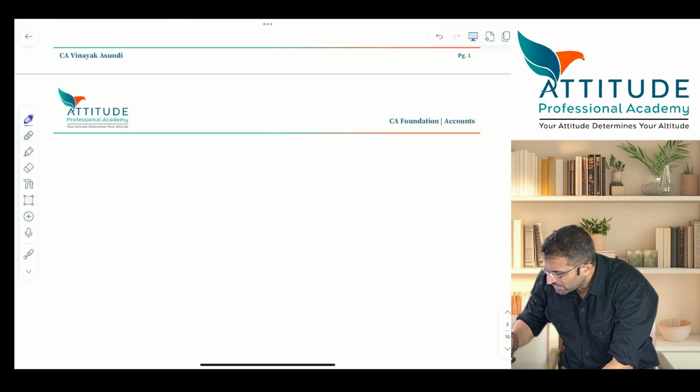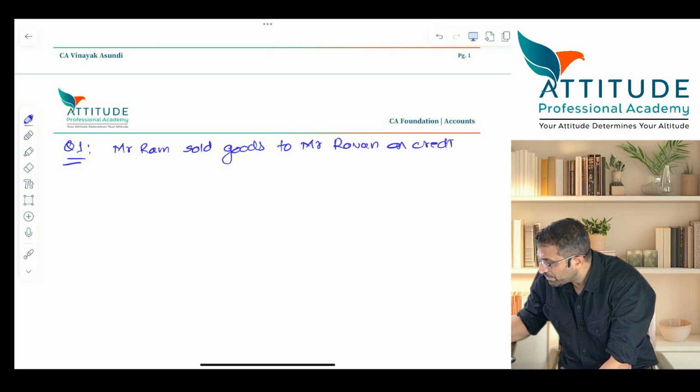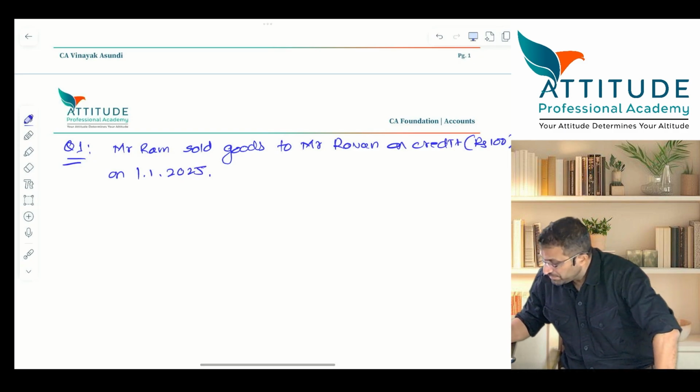Question number 1. Mr. Ram sold goods to Mr. Ravan on credit, rupees 100 on 1/1/2025. Is that clear?